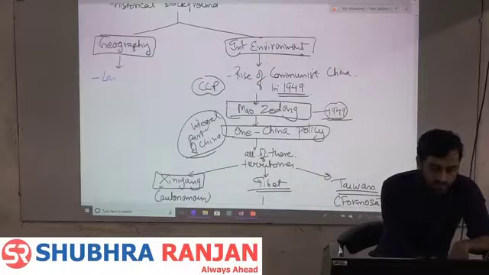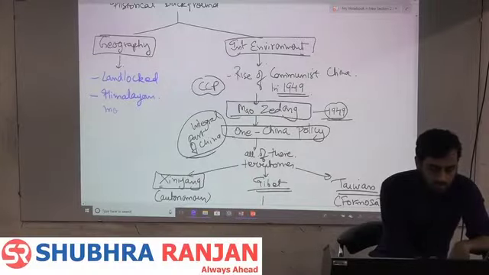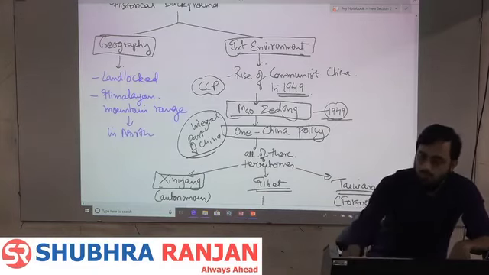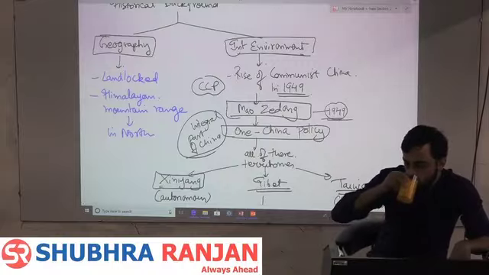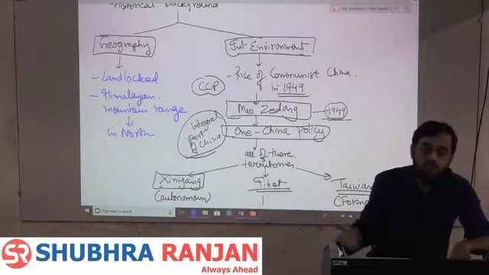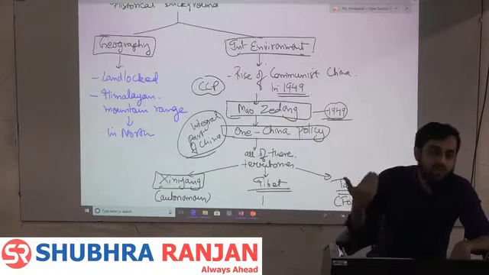Firstly, they are landlocked, but not just landlocked, they are landlocked with the Himalayan mountain range in the north. It's not just that it is landlocked, it is landlocked with Himalayas on the one side.